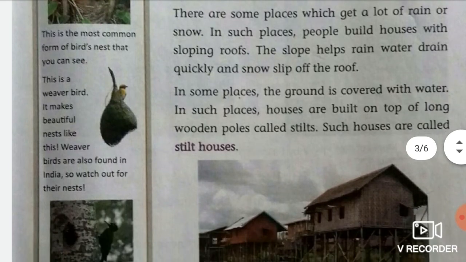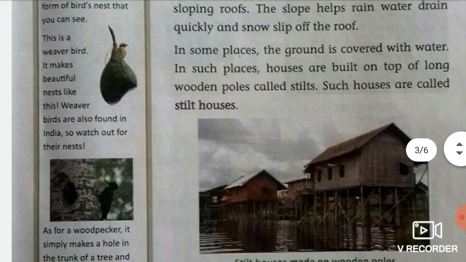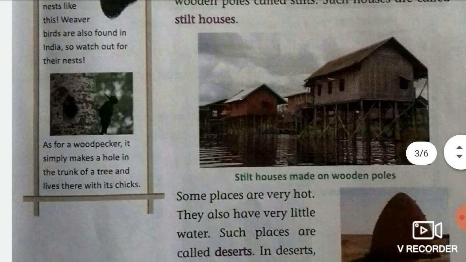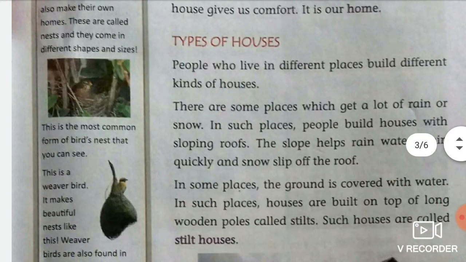It makes beautiful nests like this. Weaver birds are also found in India, so watch out for their nests. As for a woodpecker, it simply makes a hole in the trunk of a tree and lives there with its chicks.